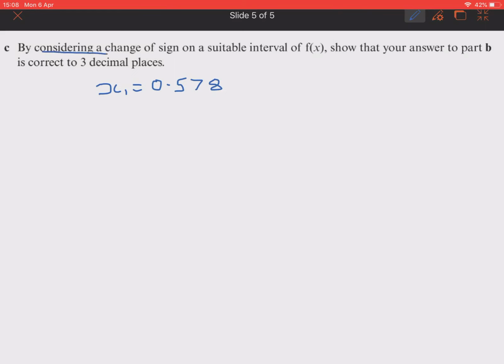So by considering a change of sign on a suitable interval, if this is to 3 decimal places, we've got to then use the half interval.